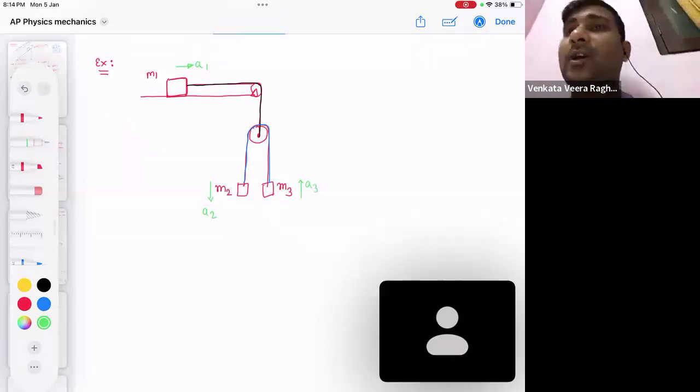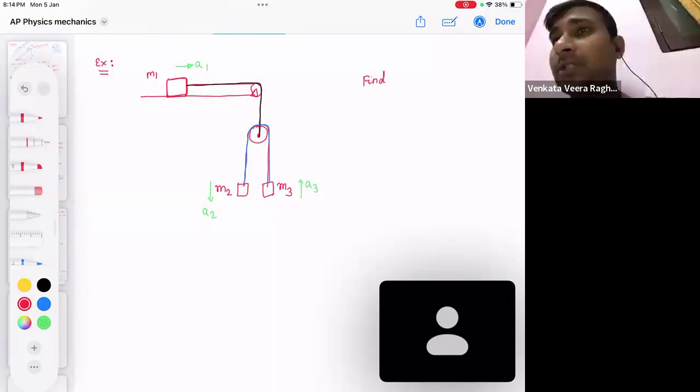M1 block has A1 acceleration, M2 block A2 acceleration downward, M3 block A3 acceleration upward. Now they are asking in the question, find the relation between A1, A2 and A3.